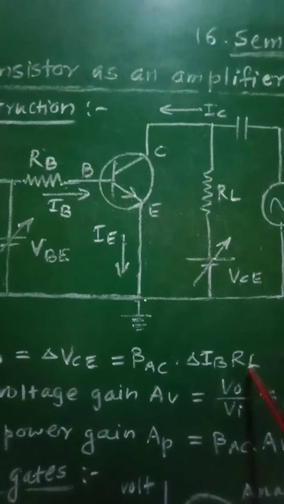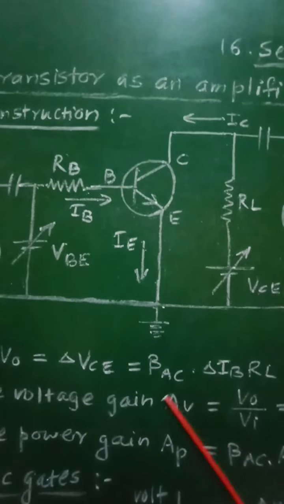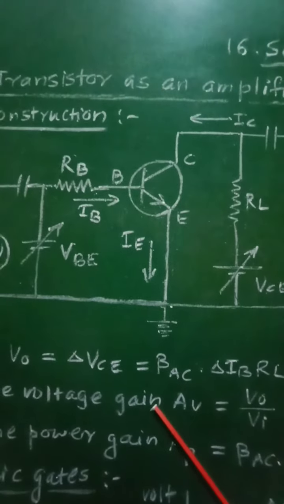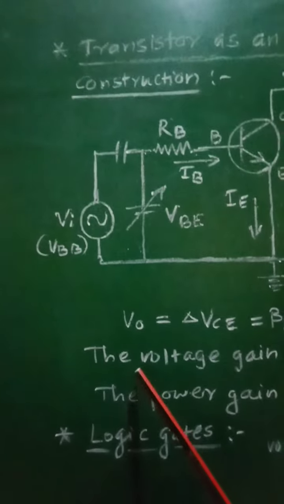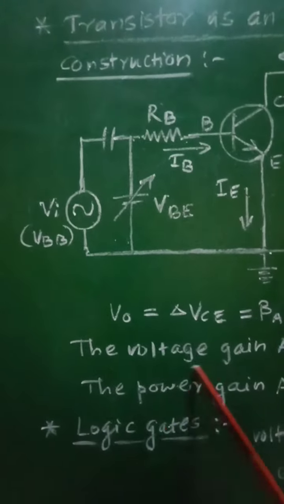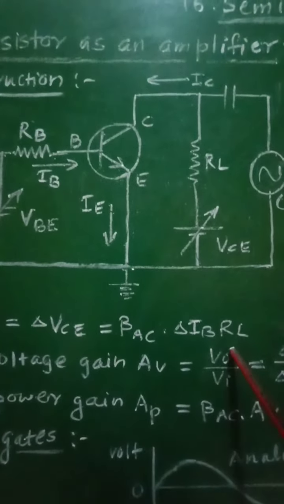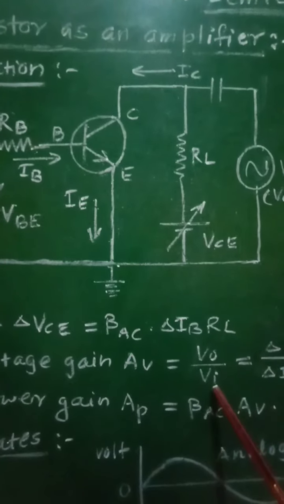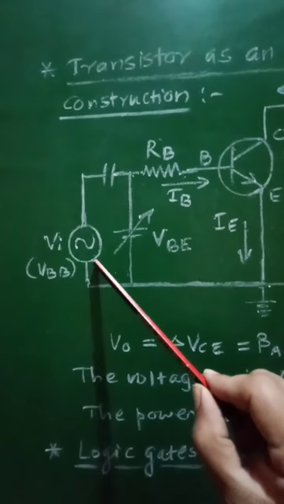Hence the voltage gain Av of the amplifier will be given as the ratio of output voltage to the input voltage, that is Vo upon Vi.